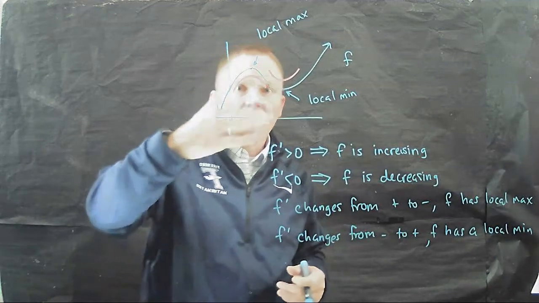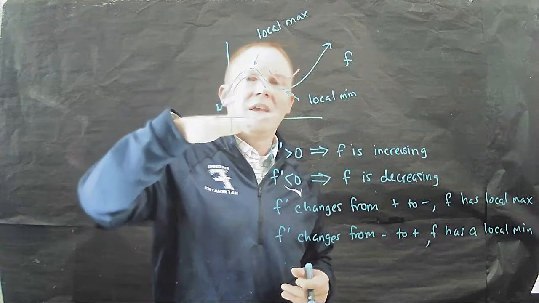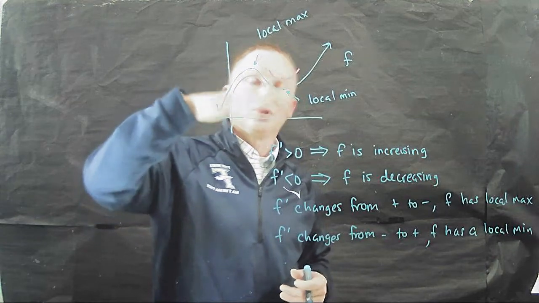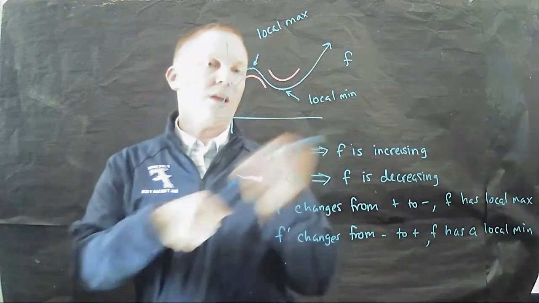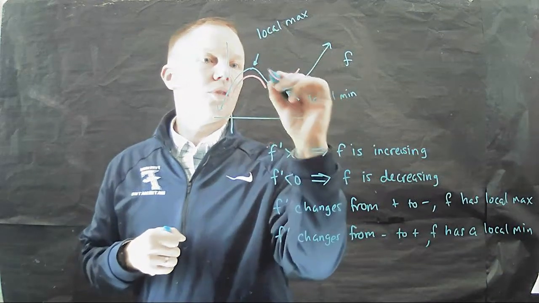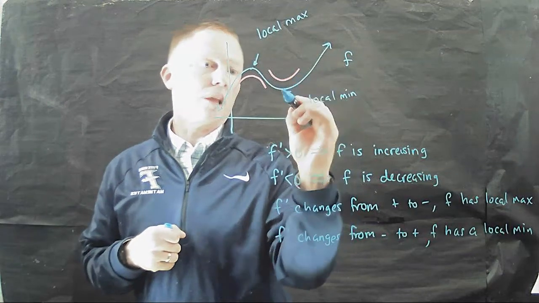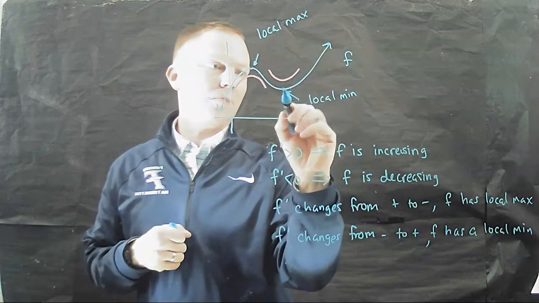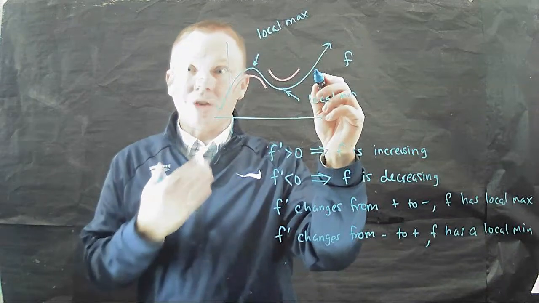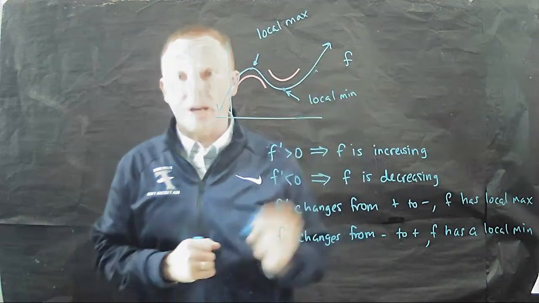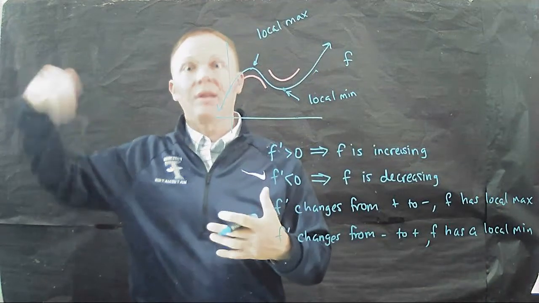If your function is concave up, what's really happening is your derivative is increasing. Like right here, the derivative of this function would be increasing all through this time. If you're looking to the right of this minimum, this function's increasing at an increasing rate. It's going up, but how much it's going up by each time is going up.